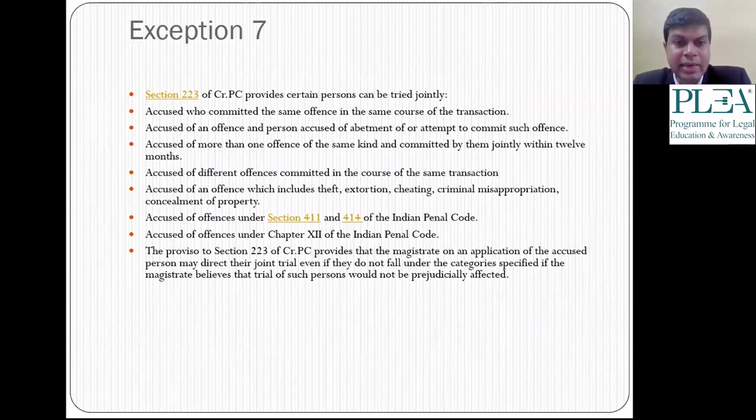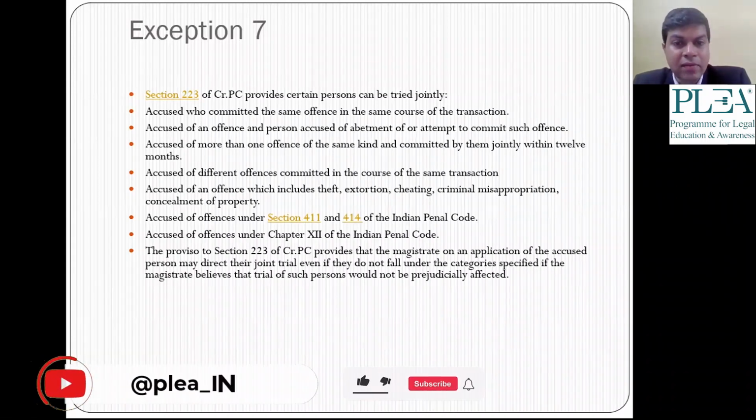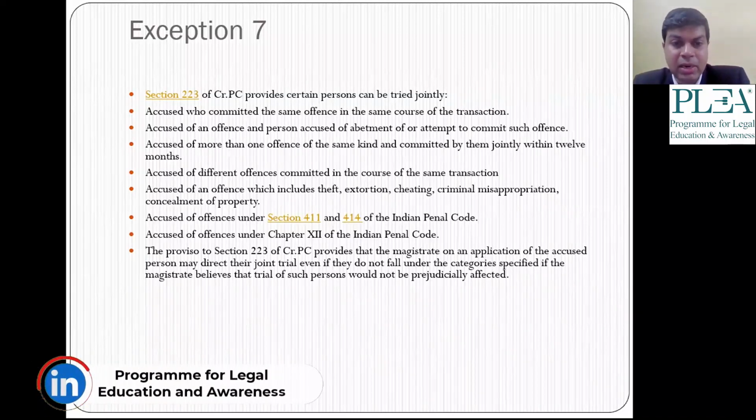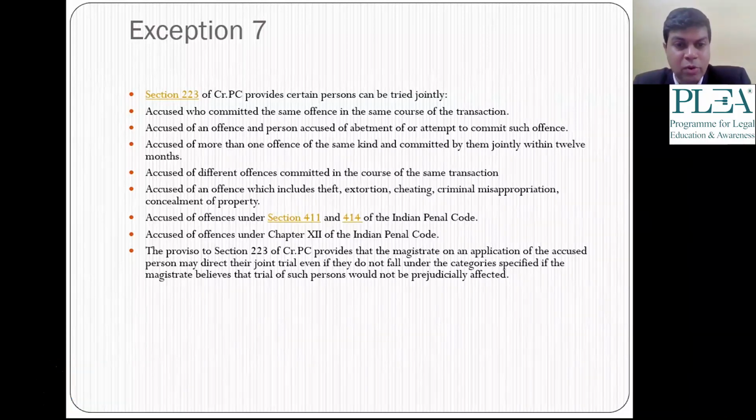Then the second is a person accused of an offense and a person accused of abetment or of an attempt to commit such offense. Then there is the accused of more than one offense of the same kind committed by them jointly within 12 months. Then the accused of different offenses committed in the course of the same transaction. Then the accused of an offense which includes theft, extortion, cheating, criminal misappropriation, concealment of property.